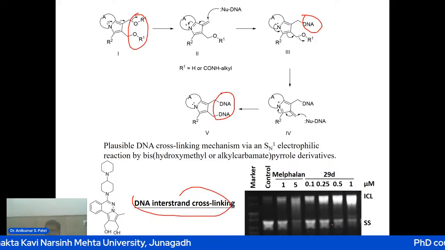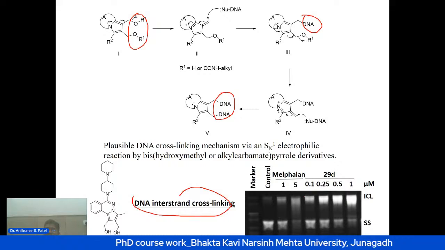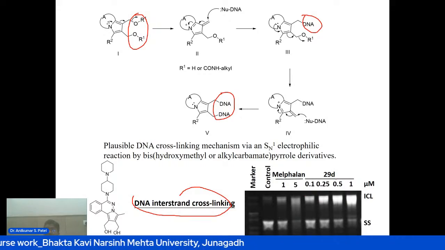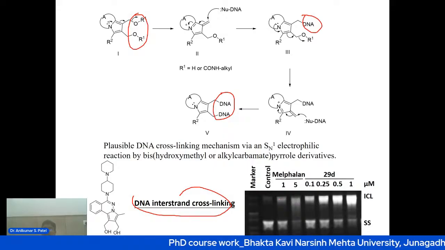We can see the single-strand linking, cross-linking, as well as intercalation with the DNA. We observed that our 29D compound shows more of this as compared with the melphalan drug. So it shows that our compound causes DNA interstrand cross-linking.